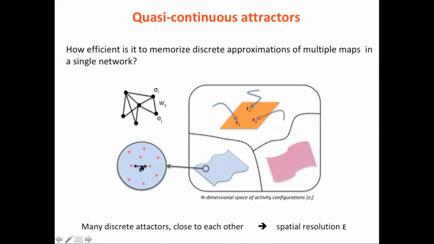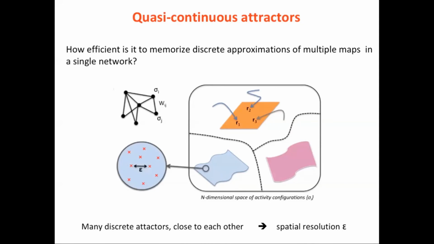Even if epsilon is finite, not equal to 0, in practice it's much smaller than the size of the bump, and I will have an excellent approximation of a continuous attractor with a large set of very close positions of discrete attractors.